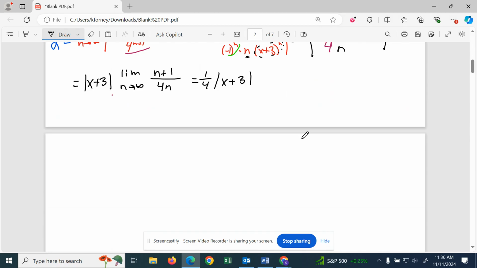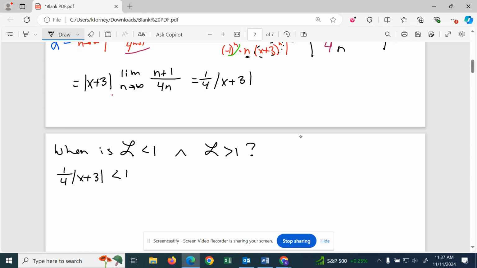So we want to look at when L is less than 1 and when it is greater than 1. So our limit is this.